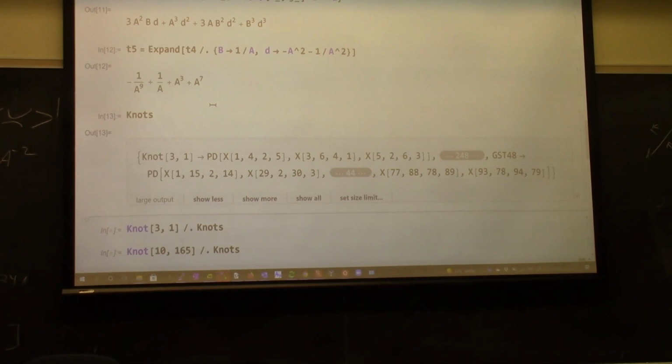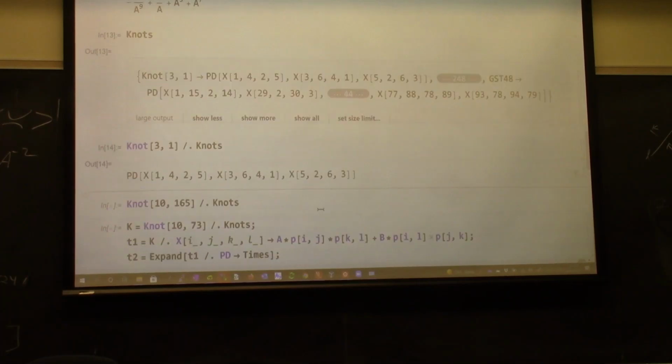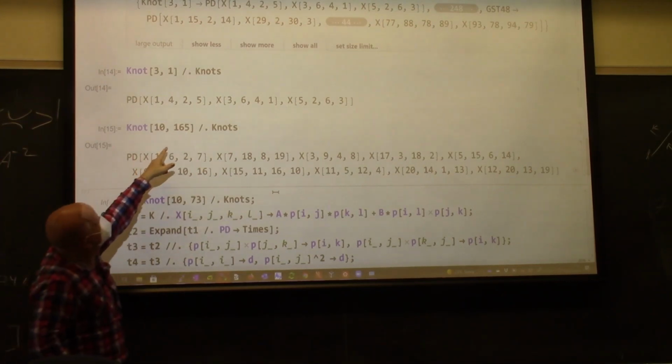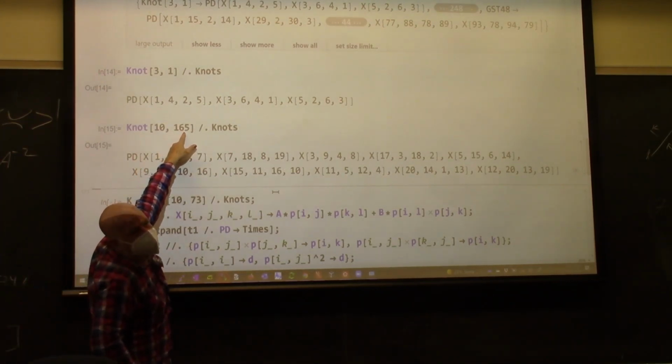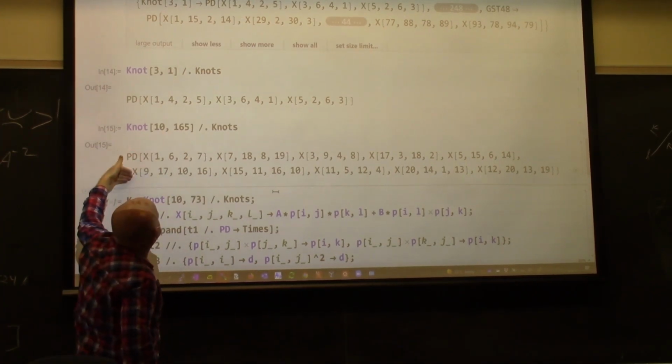So for example, if I take knot 3.1 and apply to it the rule knots, I'll get its PD notation. If I take the knot 10.165, by the way, the notation is this is the 165th knot with 10 crossings, and this is its PD notation.